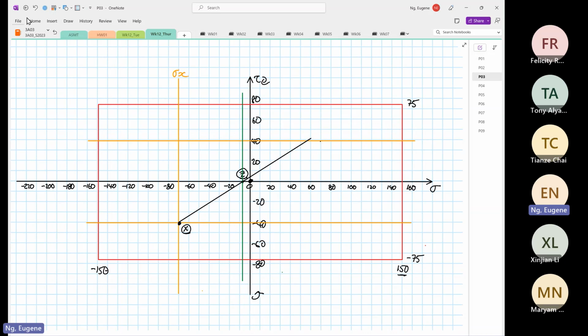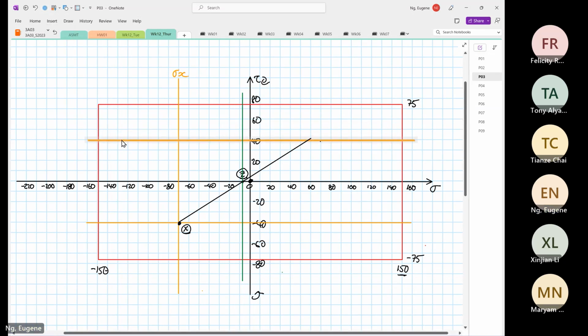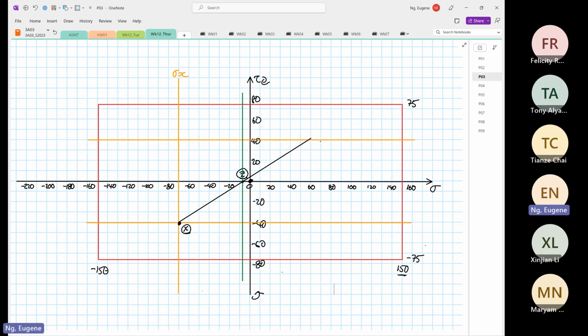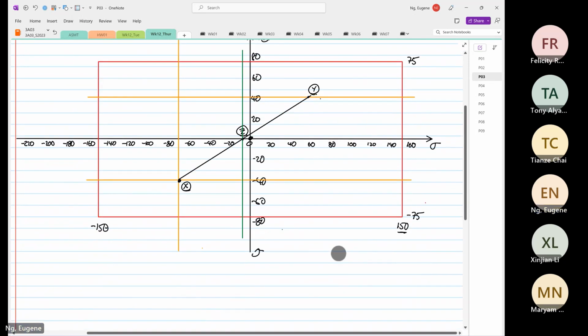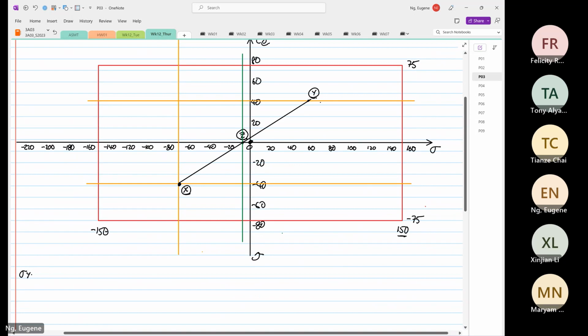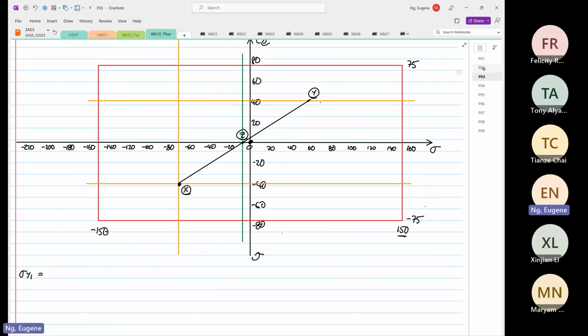Let me adjust this slightly. So we now know that this is our point over here, this is our point Y. So we can calculate now that stress Y1, for this case, is equal to minus 6.557 plus the square root of 75 squared minus 40 squared, which is 63.443.